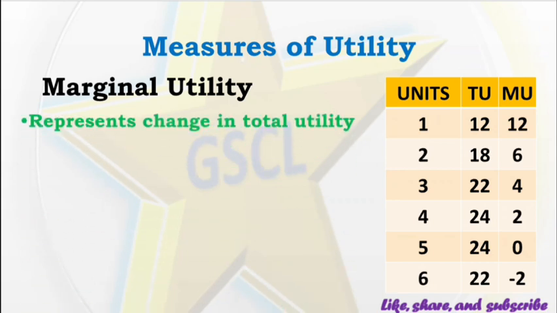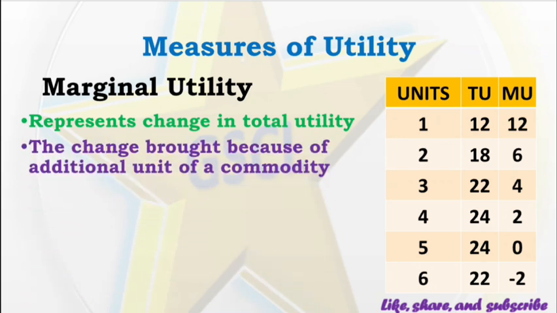Marginal utility represents the change in total utility. The change is because of having the additional units. It could be mathematically represented as follows: MUn is equal to TUn minus TUn-1.